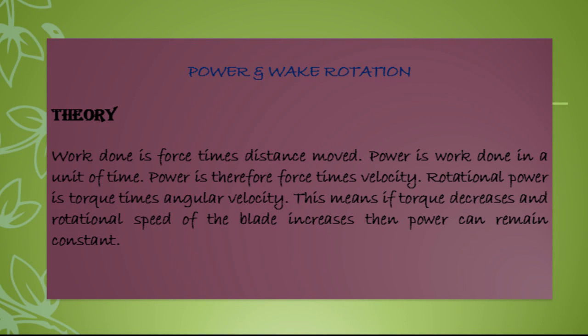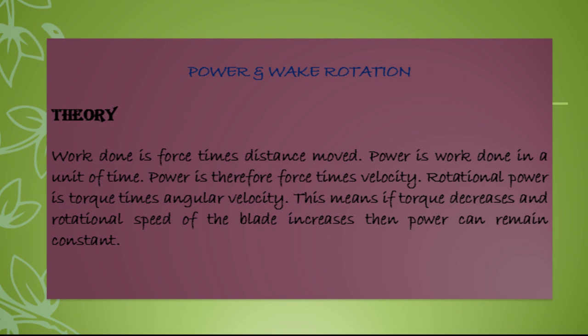Now, how is it applied on actual wind energy? When the wind creates a torque on the turbine, the turbine must also place an equal and opposite torque on the wind. That's Newton's third law, thus causing the air to accelerate tangentially as it passes through the turbine. This wake rotation removes energy from the turbine.